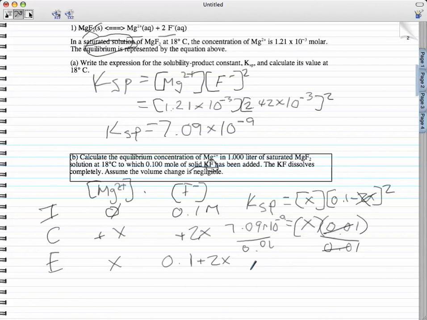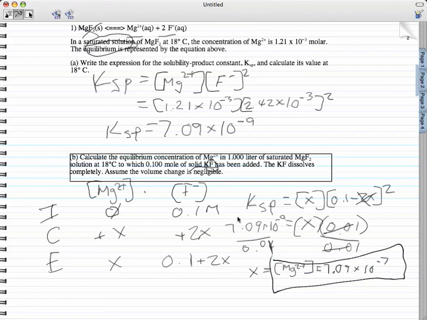And our X, which is equal to, again, our magnesium concentration at equilibrium, will just be equal to 7.09 times 10 to the negative 9th divided by 0.01, which will just be 7.09 times 10 to the negative 7th. Okay, and so that is the concentration at equilibrium.